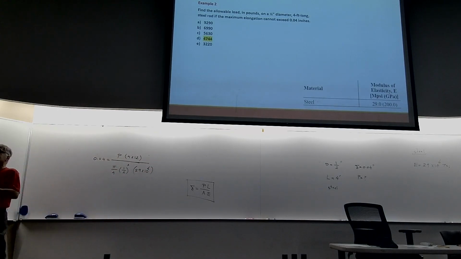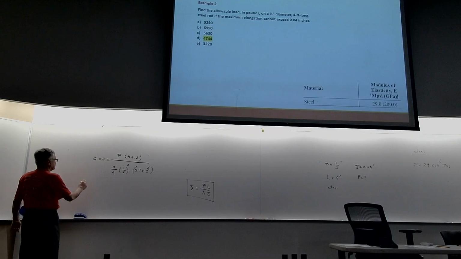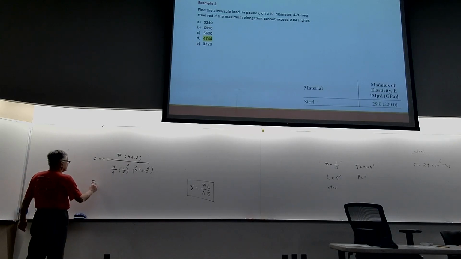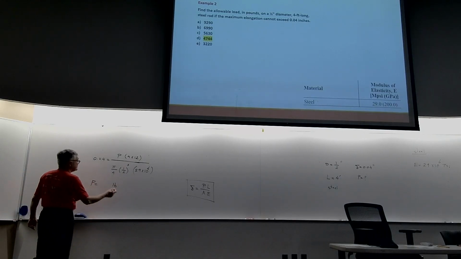So if you use standard units, which are pounds for force, inches for dimensions, psi for E and sigma, etc., then when you solve, you don't have to write out the units and cross them out or anything. When you solve for P, it's going to be in standard units of force, clearly pounds.